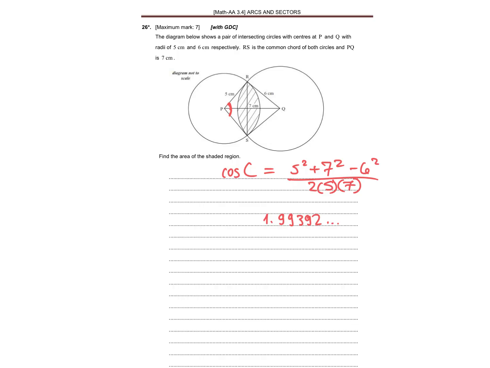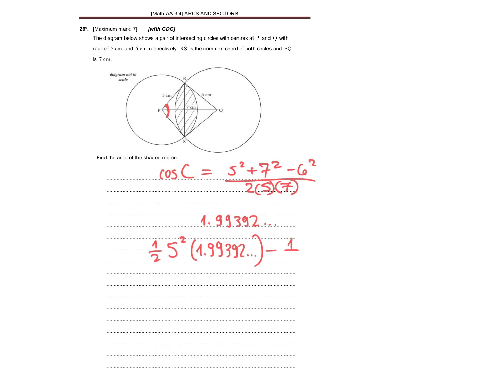Okay, so now we've got the area of the sector, which is 1/2 r squared theta, minus the area of the triangle, which is 1/2 AB, which is the same, sine 1.99 dot dot dot. This gives the area of this bit here, which is going to be 13.5264.